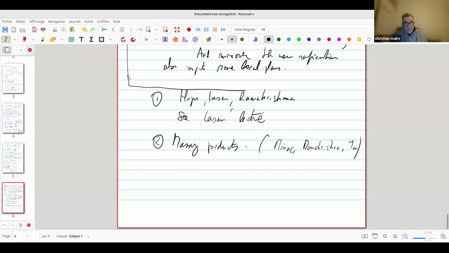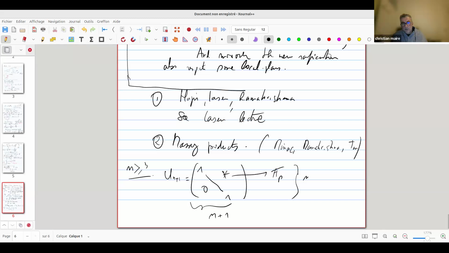So maybe I can recall some elementary things. We start with an integer n at least 3. We denote by U_{n+1} the set of unipotent matrices, with 1 on the diagonal, 0 below the diagonal, and where the coefficients are in F_p. The size of the matrix is (n+1) times (n+1).